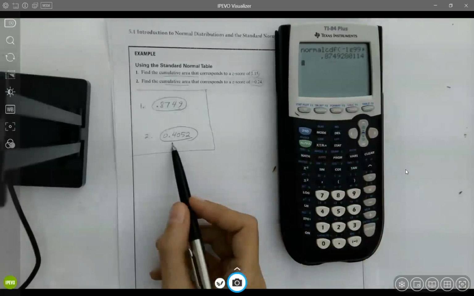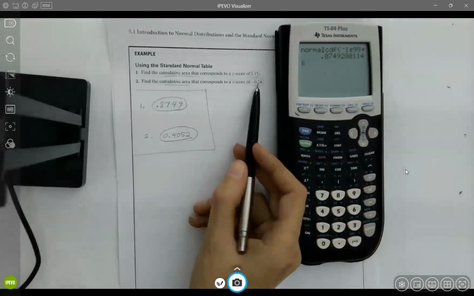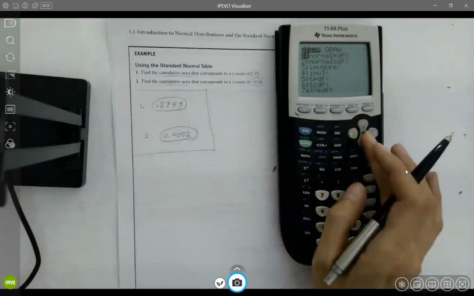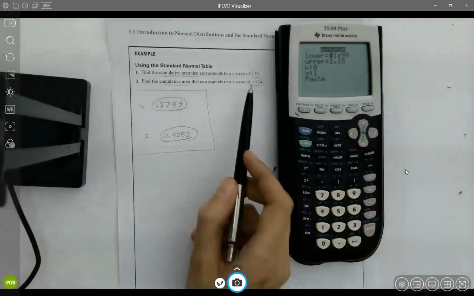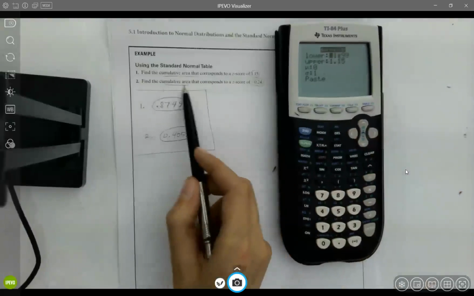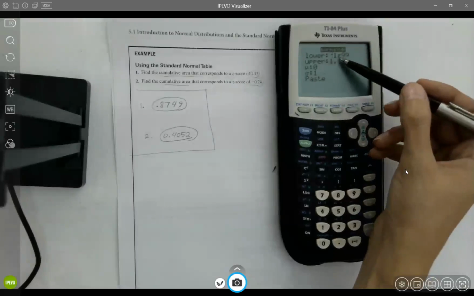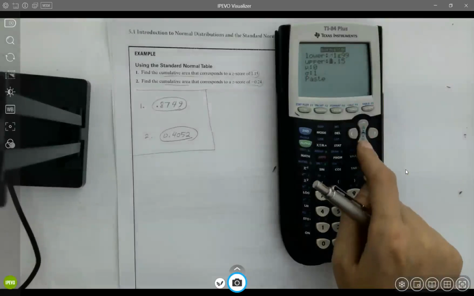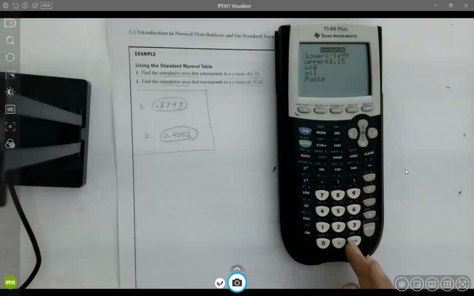How about the second one? Your z-score is -0.24. Second, vars, normal CDF, enter. Again, since the area is on the left-hand side, your lower limit stays the same, -1E99, and your upper limit is going to be -0.24.